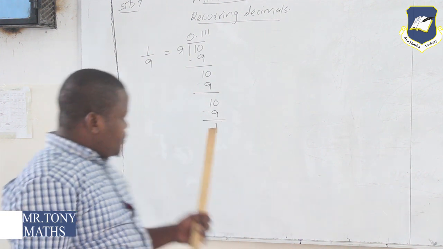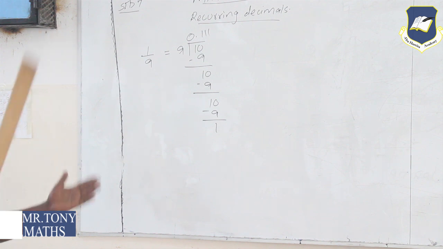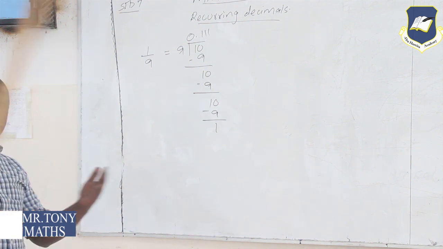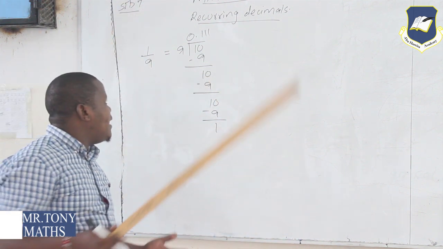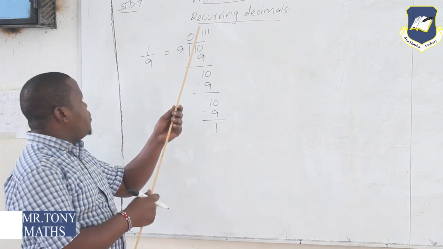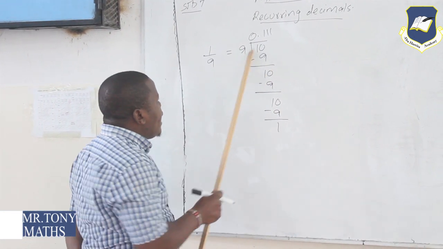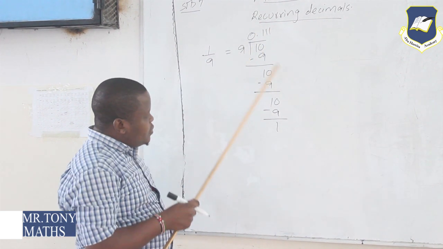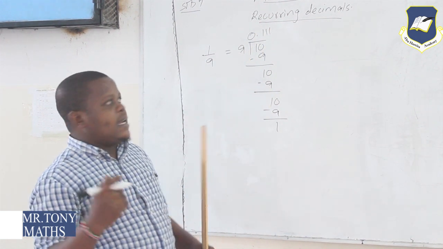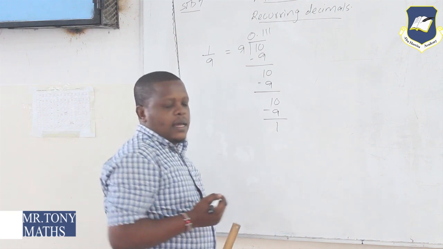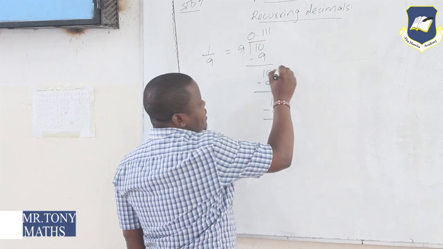In this case, you're going to get a pattern of a digit that is repeating itself. Each and every time, 9 goes into 10 once, you subtract, you get 1, and the digit 1 keeps on repeating itself.